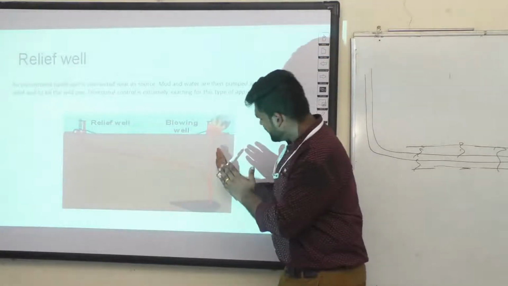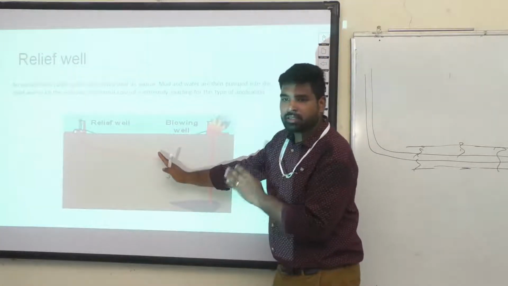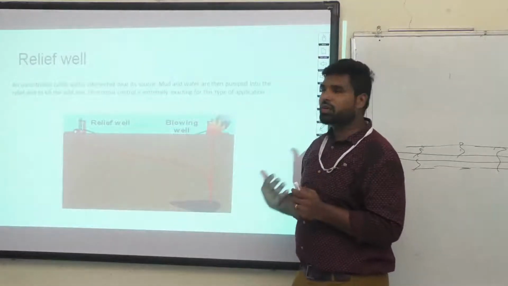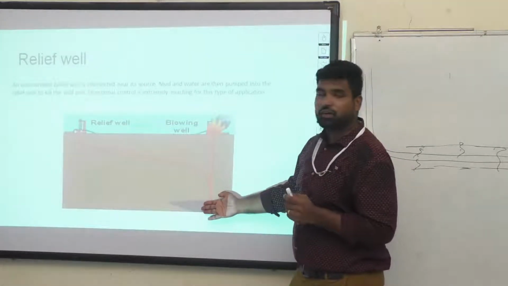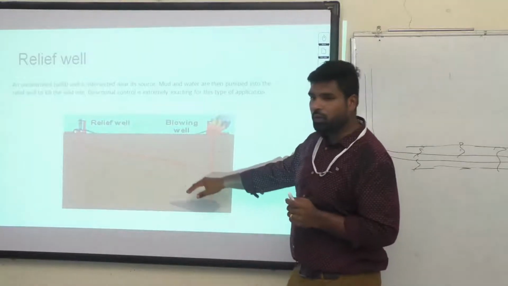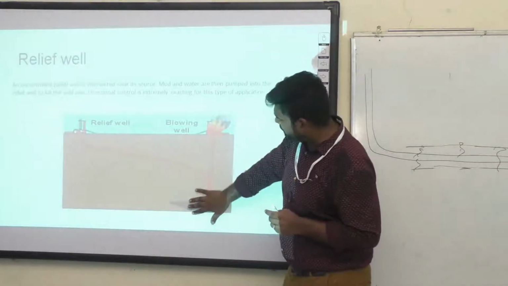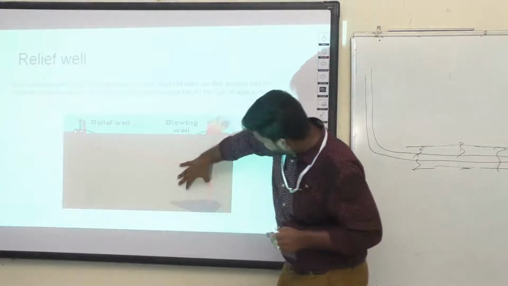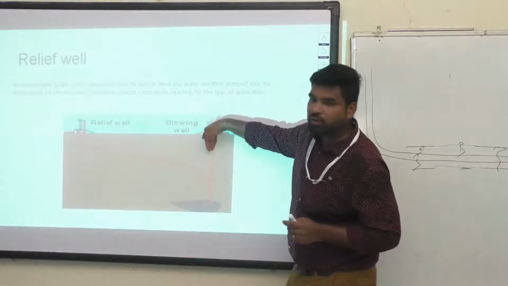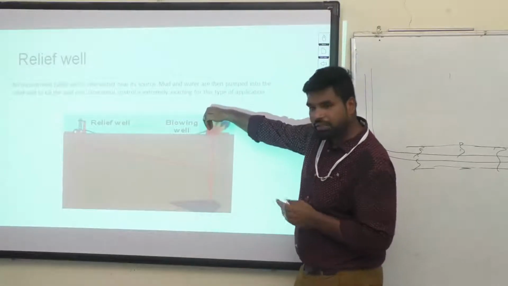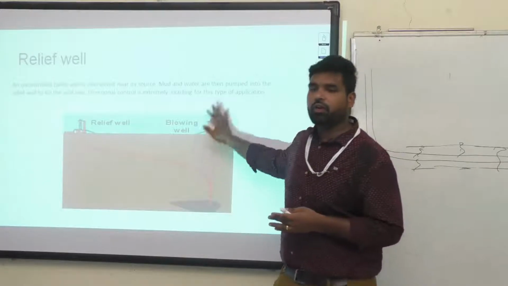So this mud plus the mud in the relief well will control the kick, and you can fetch the hydrocarbons from this reservoir. Once you control the kick from here, you can close this one, or close it with the help of packers, and then you can start drilling, or start producing from this relief well.